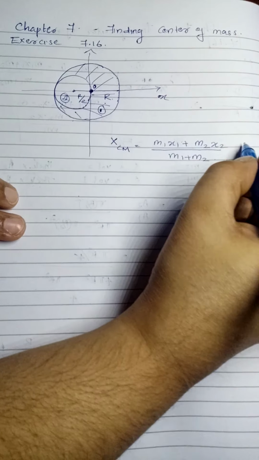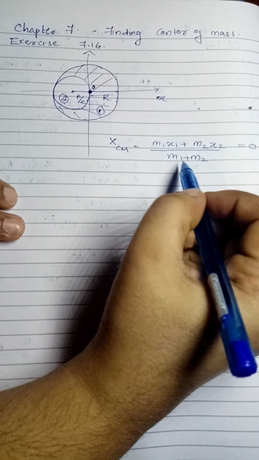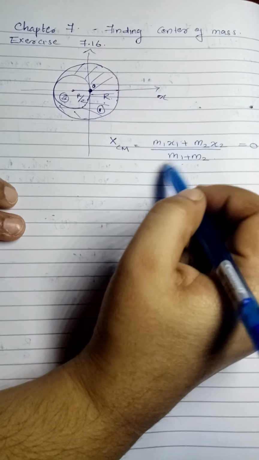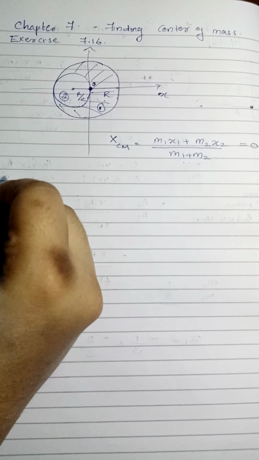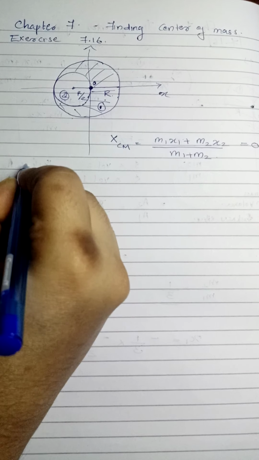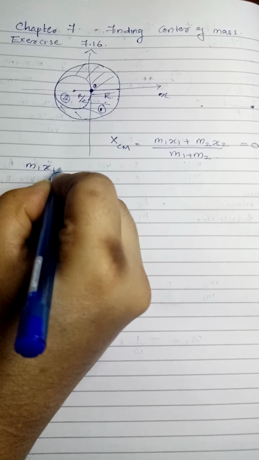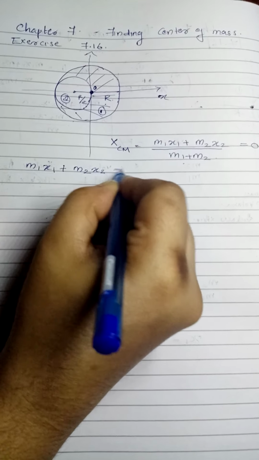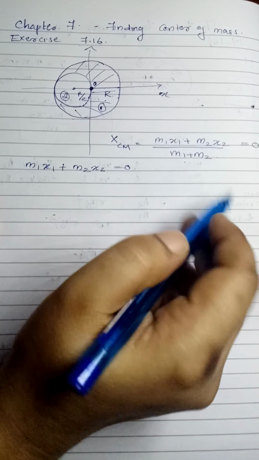So I can equate this to 0, and the denominator, the sum of the masses, can never be 0. So I can equate the numerator to 0, and I get m1x1 plus m2x2 is equal to 0.